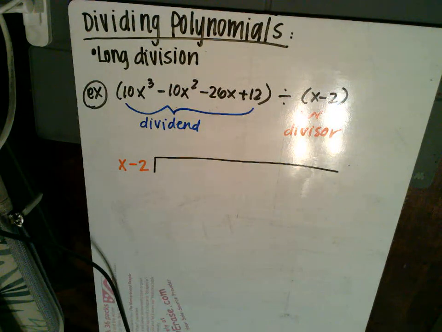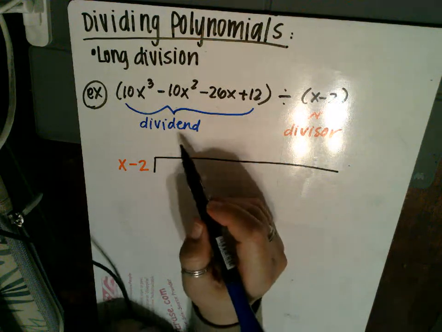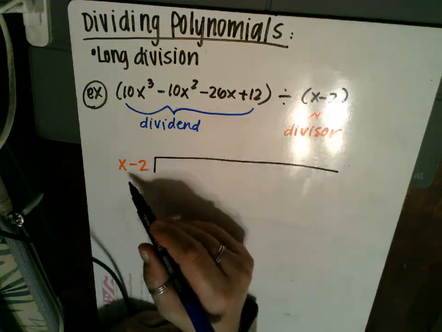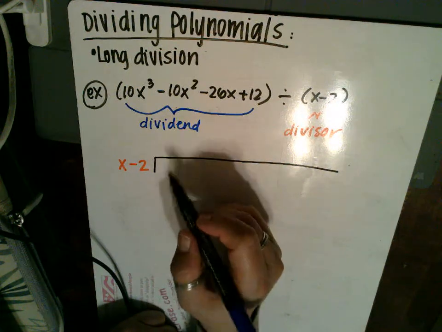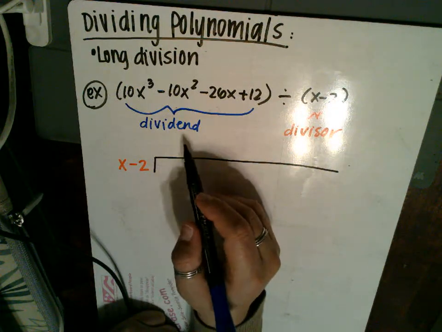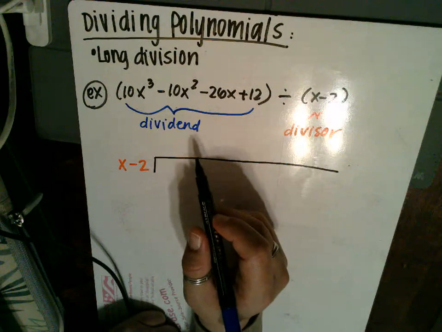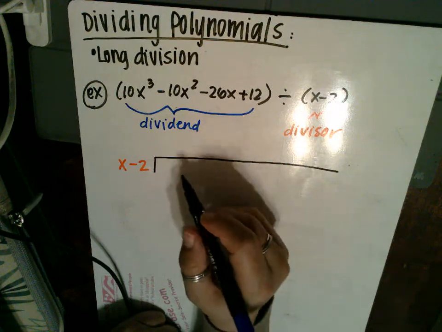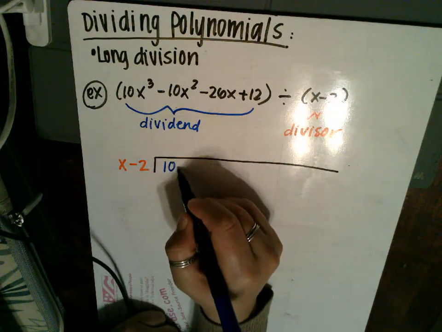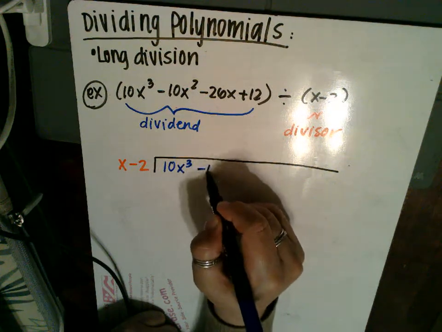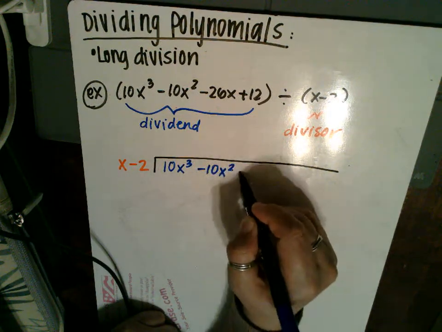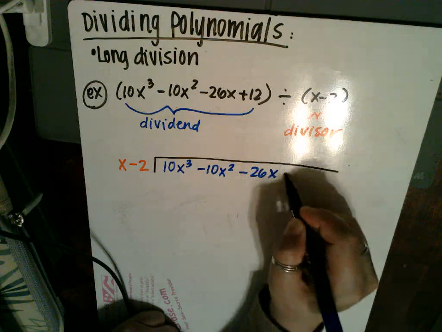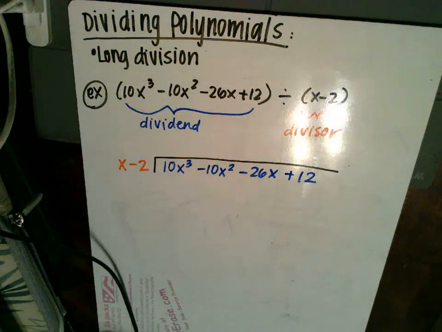My dividend goes inside. The divisor's on the outside, short one on the outside, long one on the inside. Dividend, like it sounds like inside. And we line it up: 10x to the third minus 10x squared minus 26x plus 12.